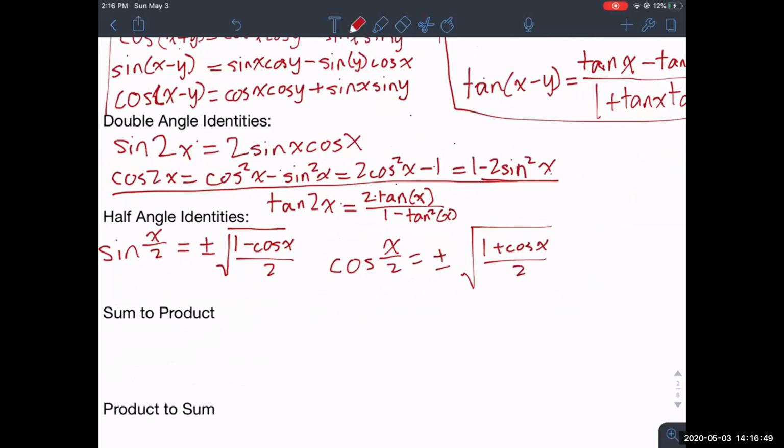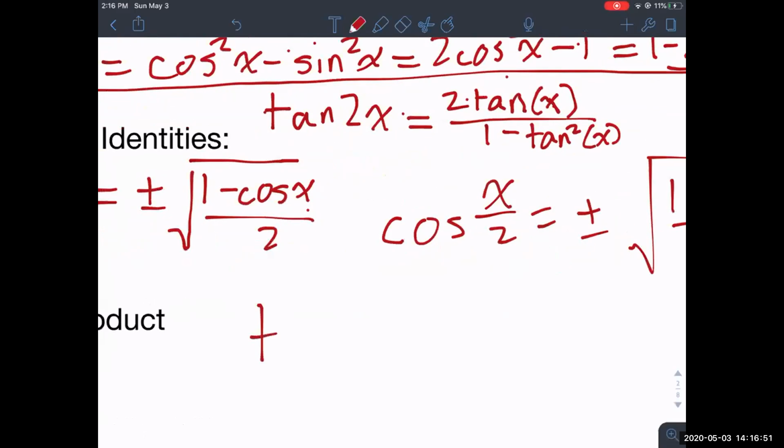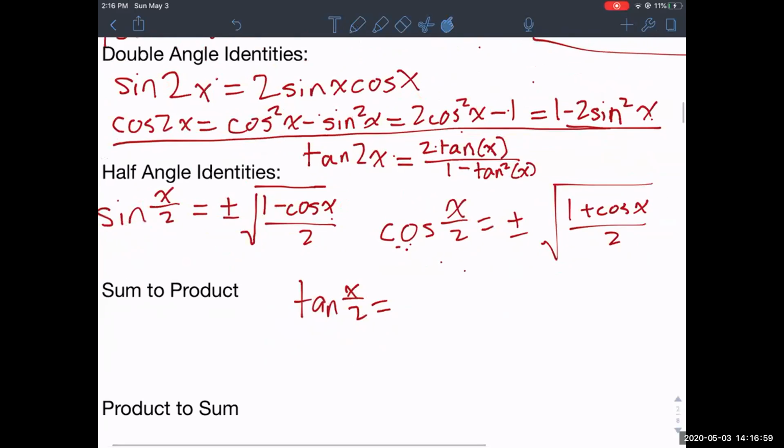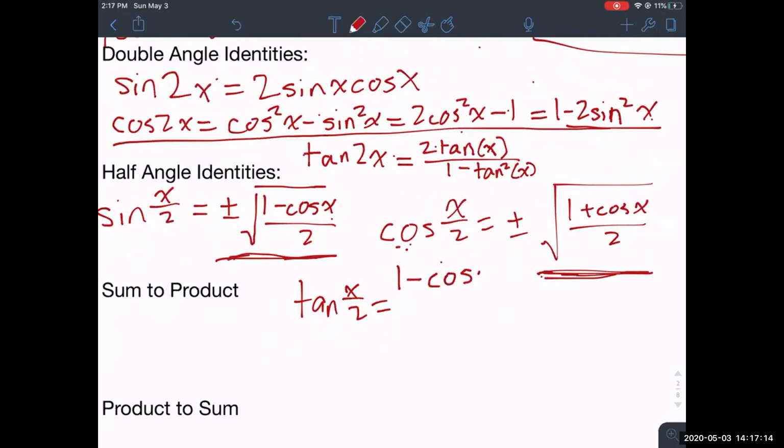And lastly, tangent is actually really nice. This one is also derivable if you take this one divided by that. I literally cannot draw straight lines, it's kind of glitching out. Tangent of x over 2 is equal to 1 minus cosine x over sine x.